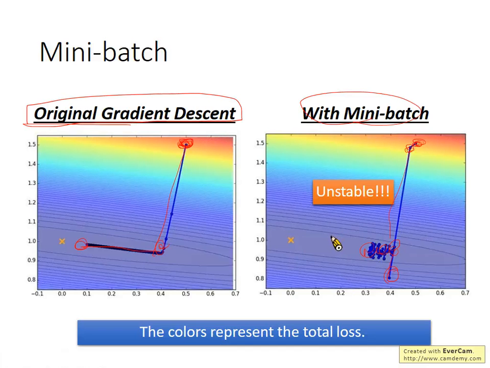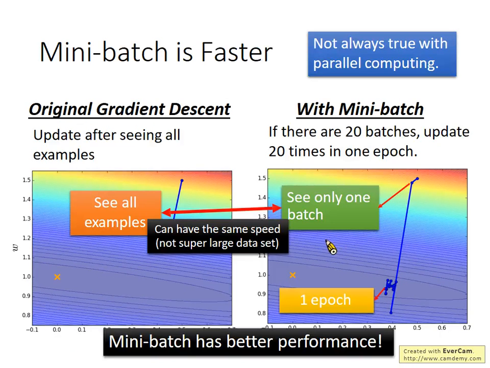So the result seems unstable in the experimental result. However, in the original gradient descent, we have to update after seeing all examples. With mini batch, if there are 20 batches, we can update 20 times in one epoch. So we have more chance to find a good parameter set when we update more times. We know that the loss surface may be quite complex and there are many local minima.